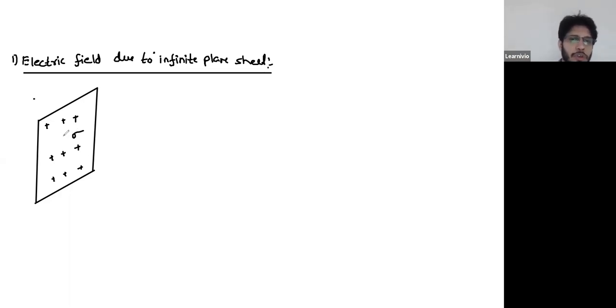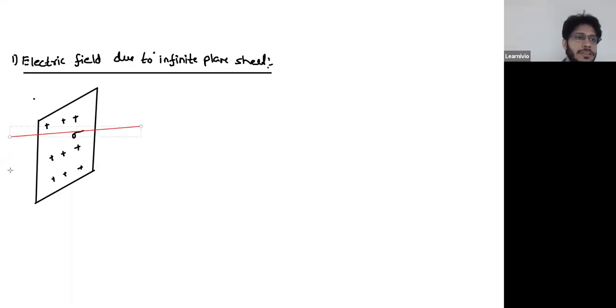You are supposed to calculate the electric field due to this sheet. So what should be the shape of the Gaussian surface for the sheet? The appropriate shape? Cylindrical.